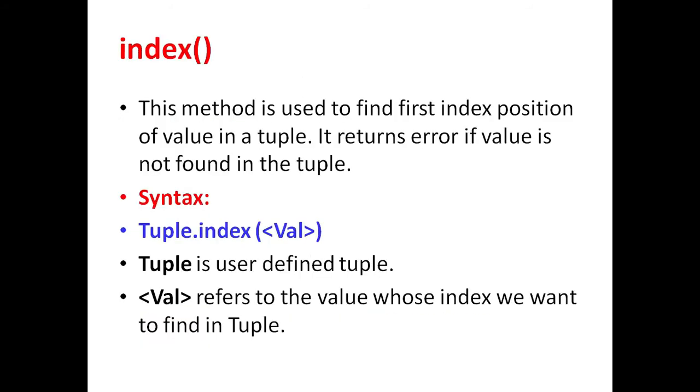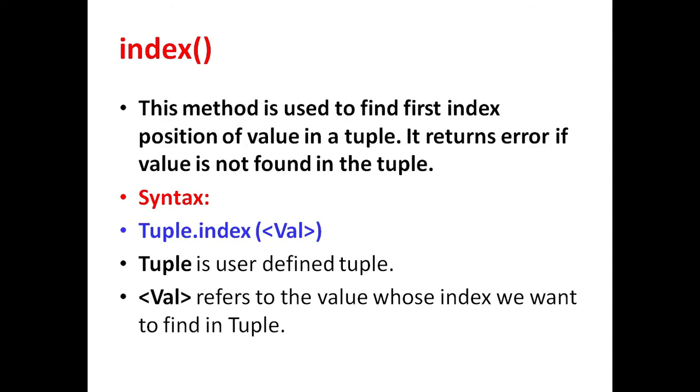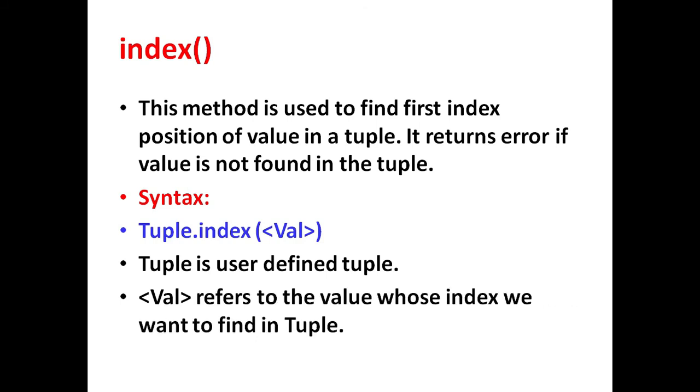Next is index. This method is used to find the first index position of a value in a tuple. It returns an error if the value is not found in the tuple. General syntax is tuple.index and the value, where tuple is the user defined tuple and value refers to the value whose index is to be checked in the tuple.